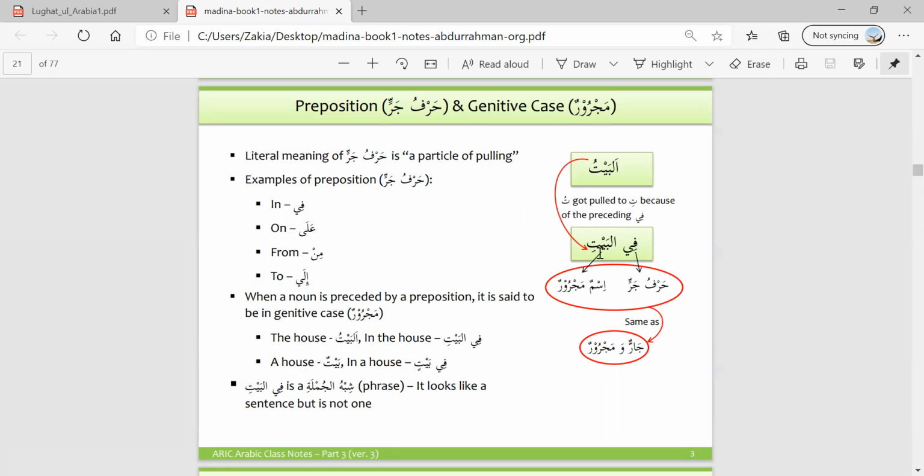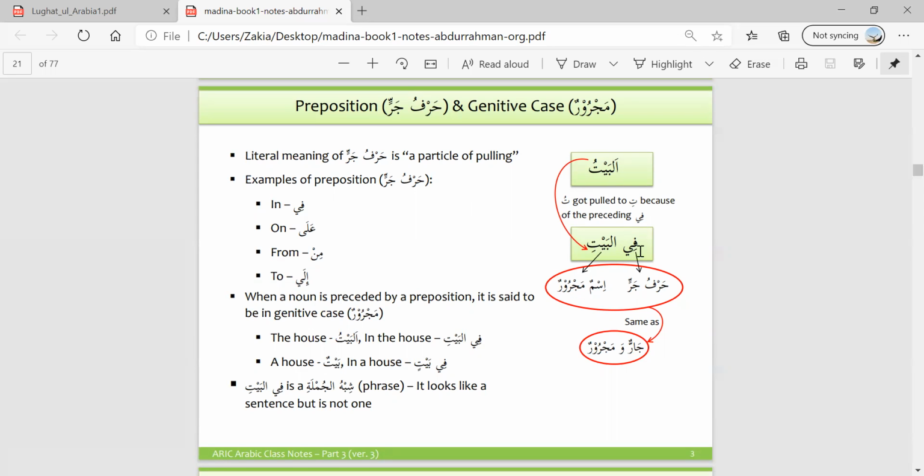When we put some noun in a genitive case, what we mean is we have a kasra, the stroke under that noun. And marfu'un, as we said before, is basically a case ending of dhamma. So we put fi, which is a preposition, and we put fil bayti.